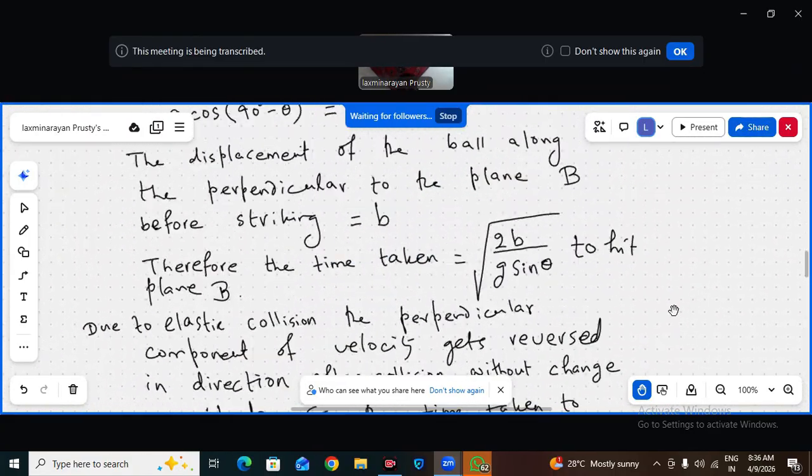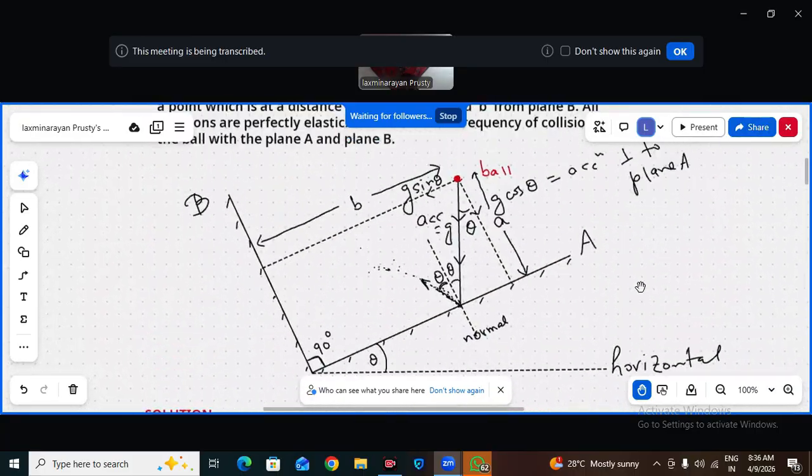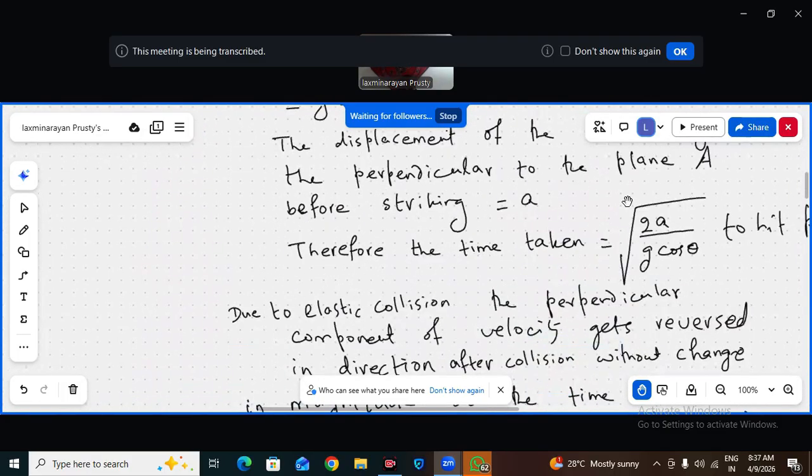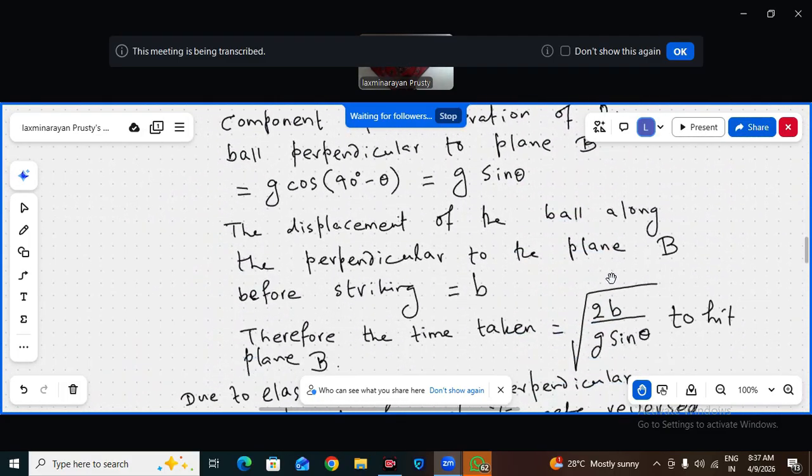Understood this? So you must be knowing in inclined plane, this term is known as the maximum height from the inclined plane. This perpendicular distance is known as the maximum height from the inclined plane. Yes or no? The same thing I am writing here.